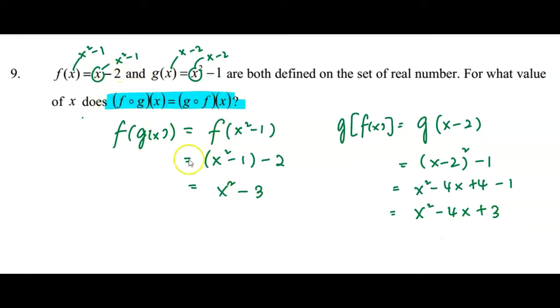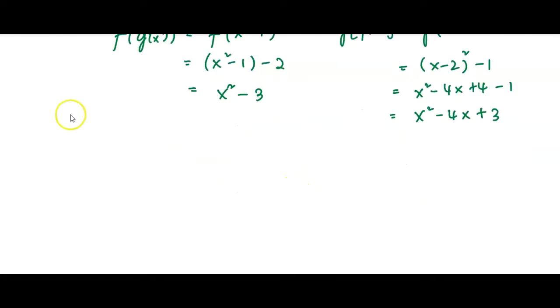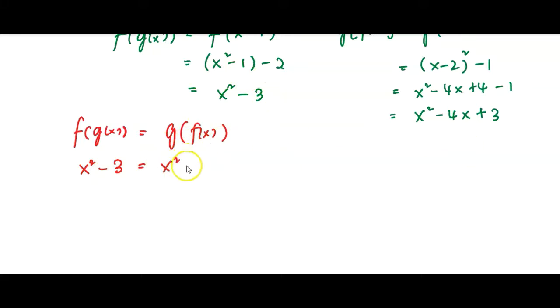Okay, so we need to solve for this equation. I'm going to equate my f(g(x)) and the g(x). So I will have f(g(x)) equals g(x), meaning that f(g(x)) will be replaced by the x squared minus 3 that we found just now, and the g(x) will be replaced by x squared minus 4x plus 3.